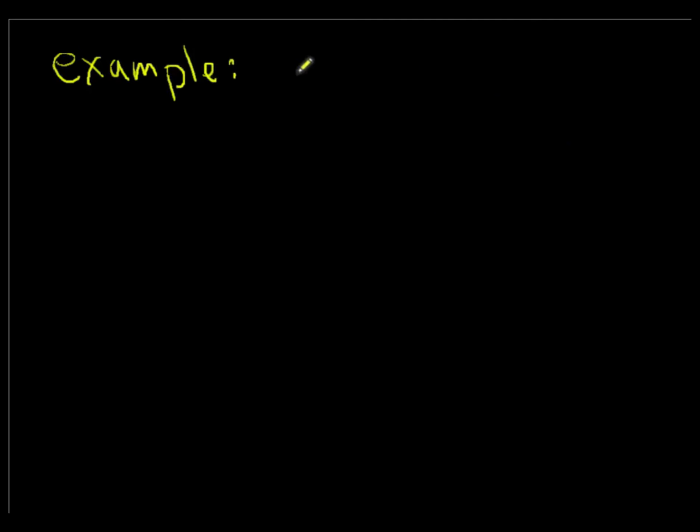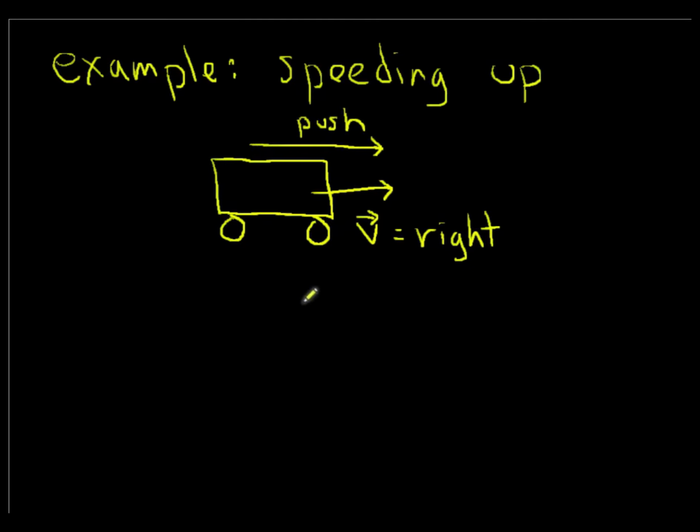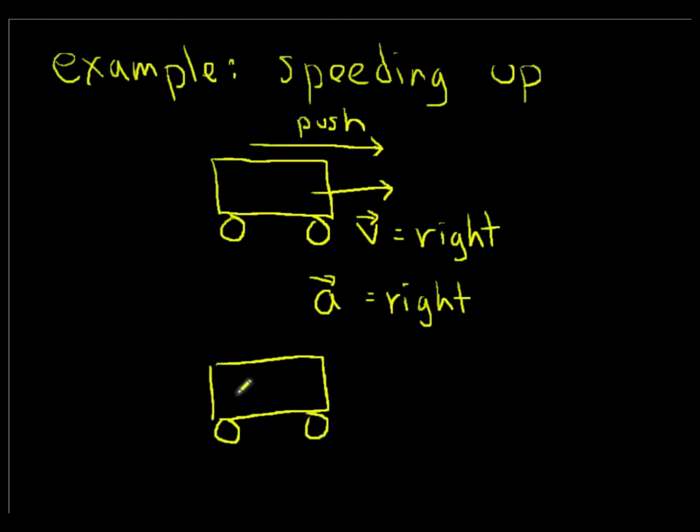For example, let's look at two cases where an object speeds up. First, we have a little car that's traveling with a velocity to the right. To get this car to speed up, we would need to push it in the same direction it's moving. This means to speed it up, the acceleration must also be to the right. Or also consider a little car that's traveling with a velocity to the left.